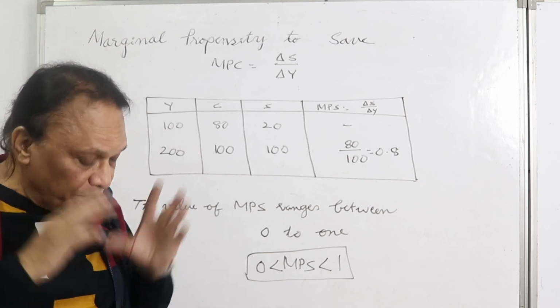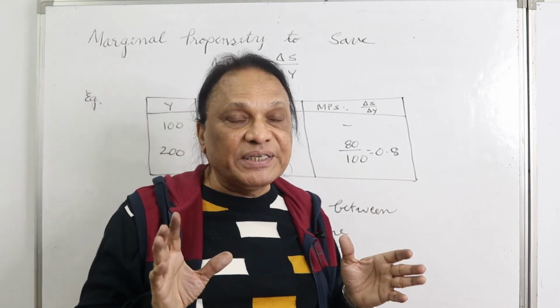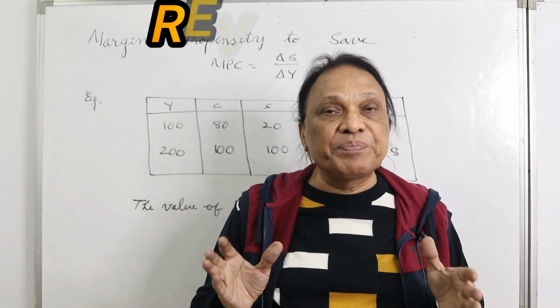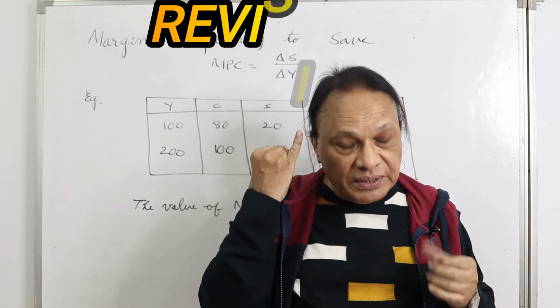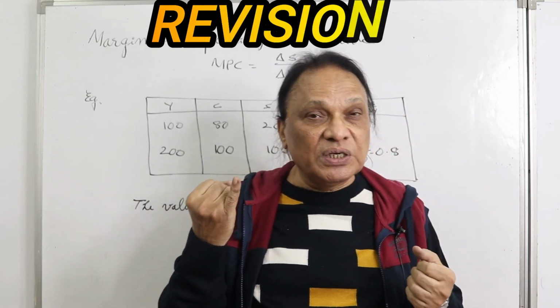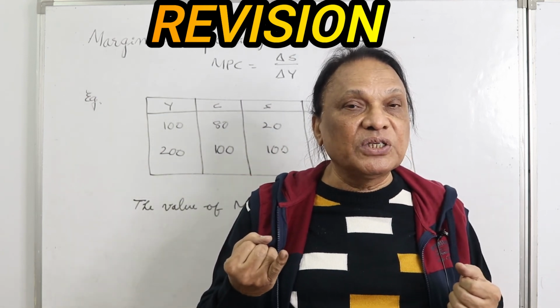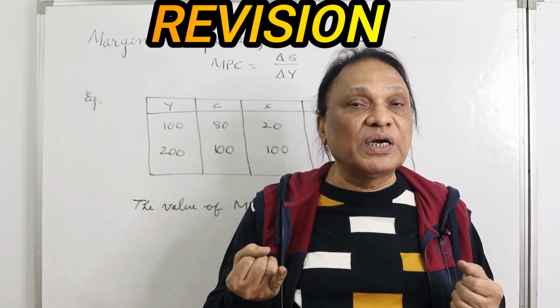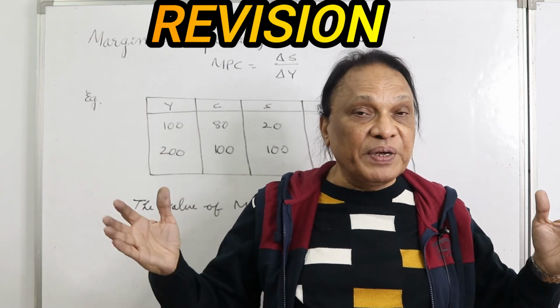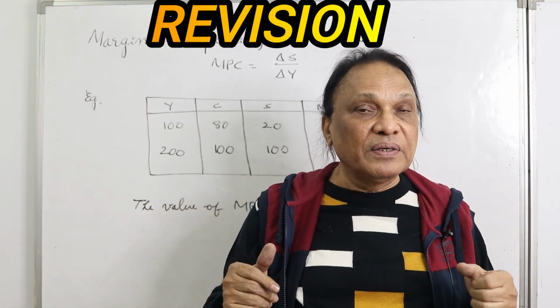So that's it. I simply sum it up once again. MPS, marginal propensity to save, delta S upon delta Y, is the ratio of change in savings to change in income. Delta S is change in savings, delta Y is change in income. The value of MPS ranges between 0 and 1.